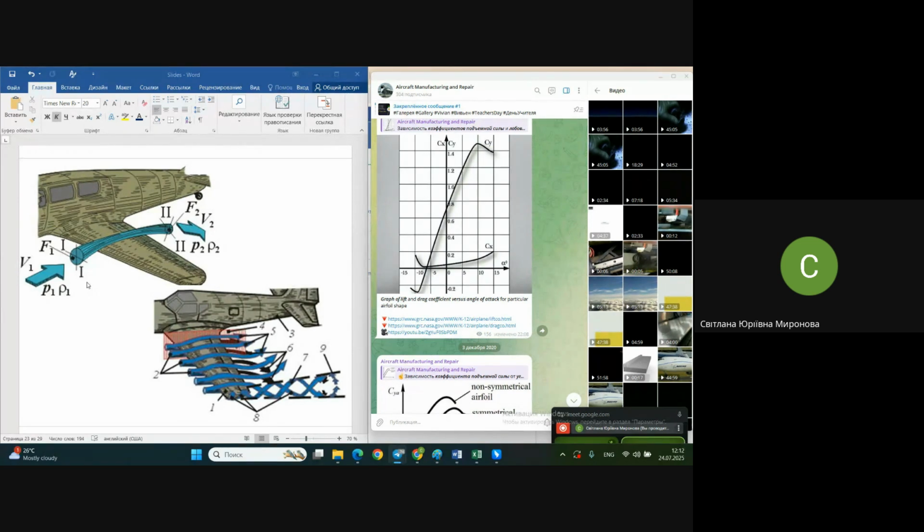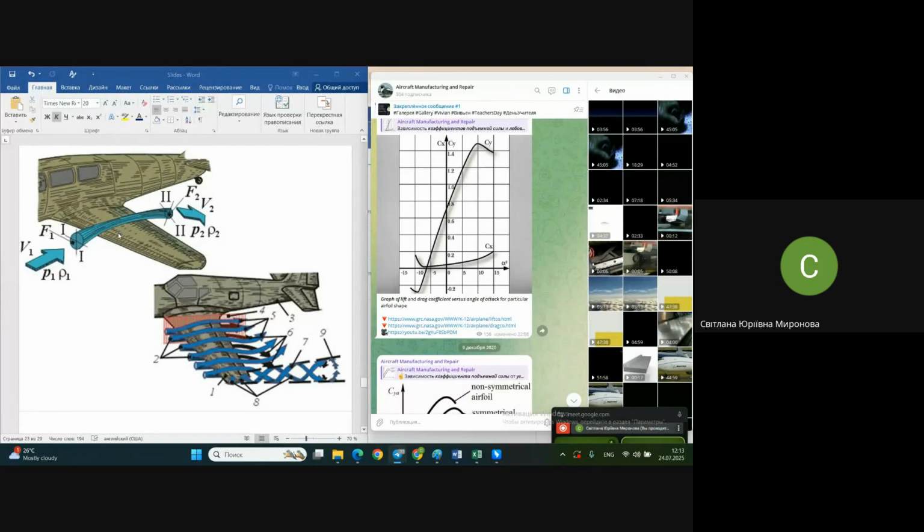And what do you see right now? It's just to illustrate the difference between our understanding, let's say, of how a wing looks in streamlines, and what we've been talking about, the Bernoulli principle.